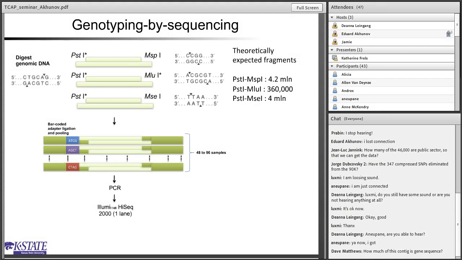So I would assume that we probably have maybe 10 to 15% of intronic sequences still left in the capture assay. But most of the capture is covering coding regions of the wheat genome.